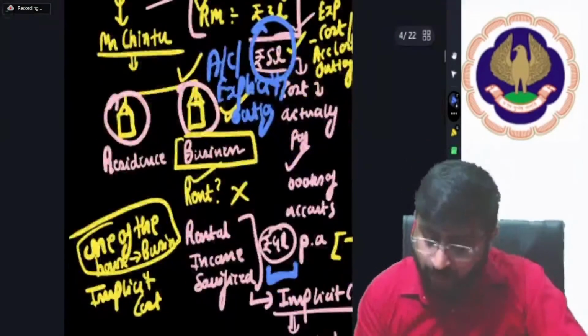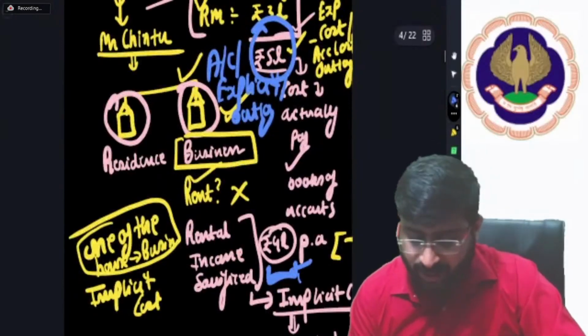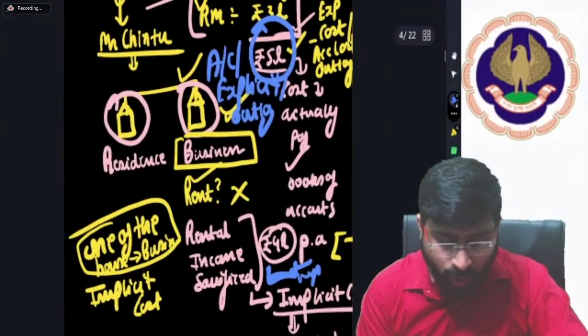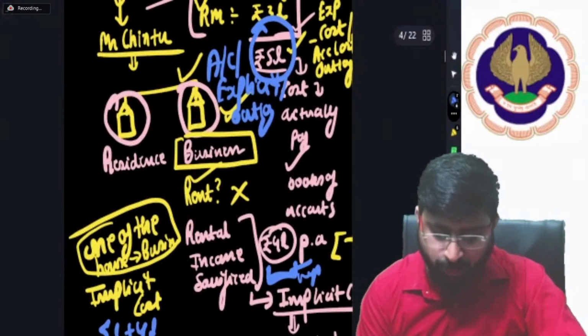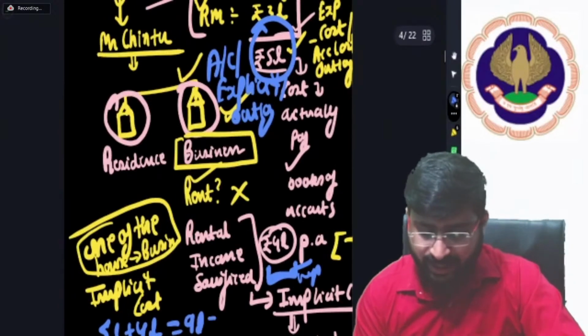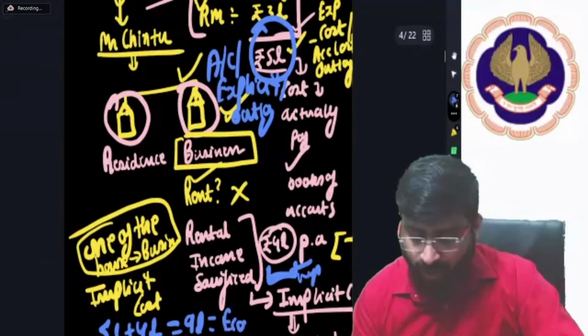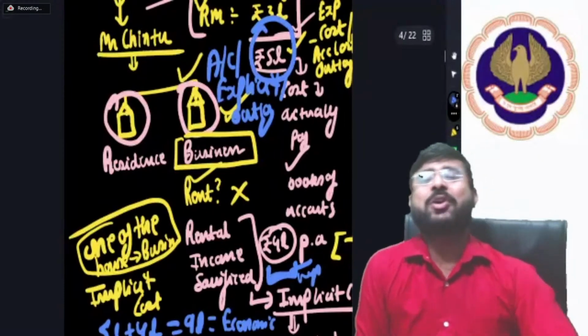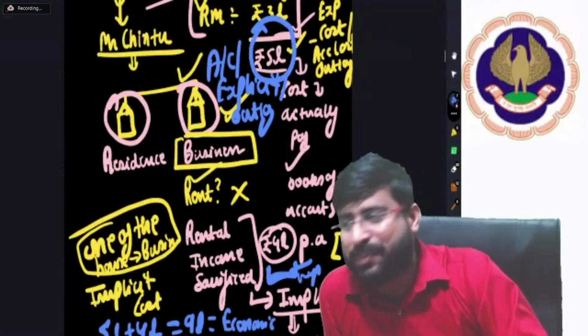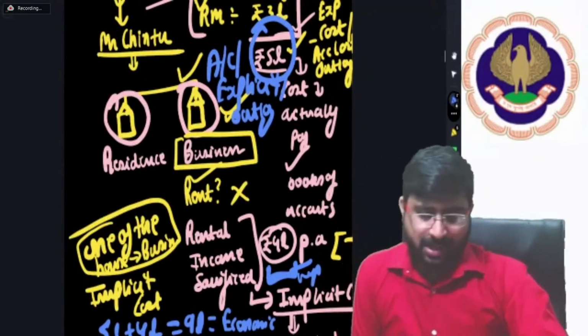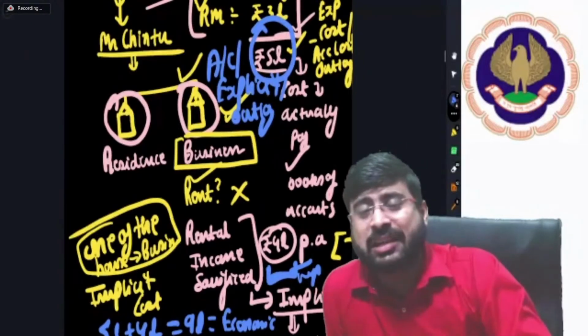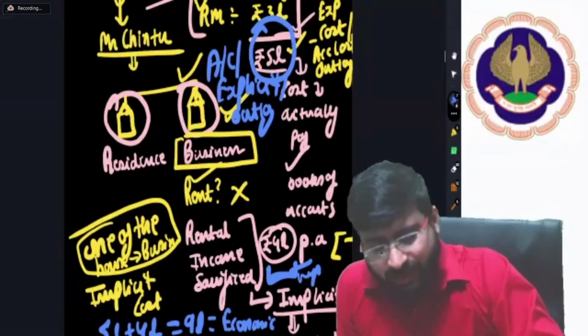But the rental income of 4 lakh sacrificed is the implicit cost. And now, if you add 5 lakh and 4 lakh, explicit and implicit, it becomes 9 lakh. That, my dear friends, is called economic cost. Economic cost is the sum total of explicit and implicit cost.